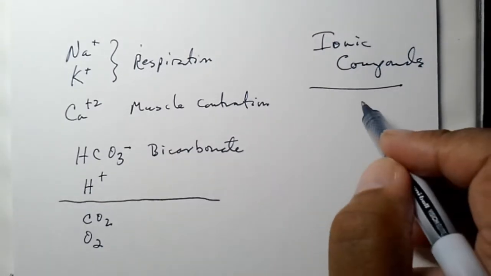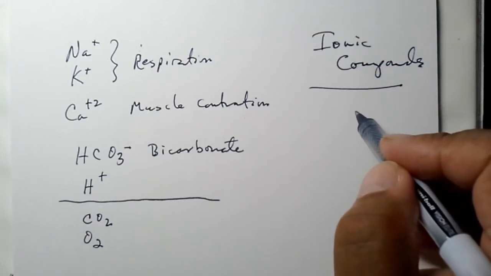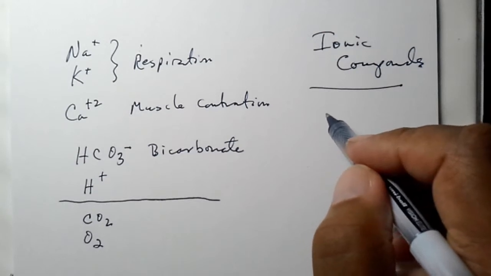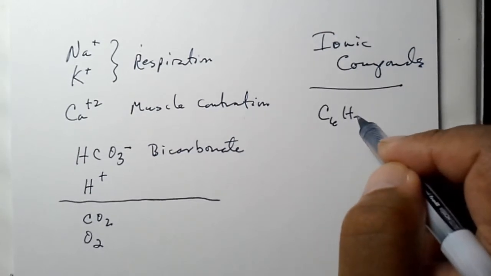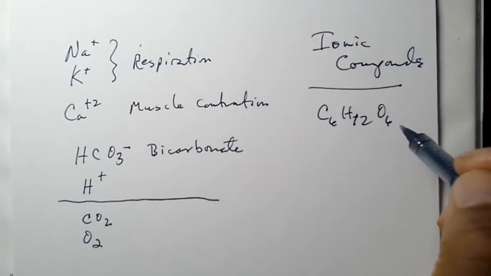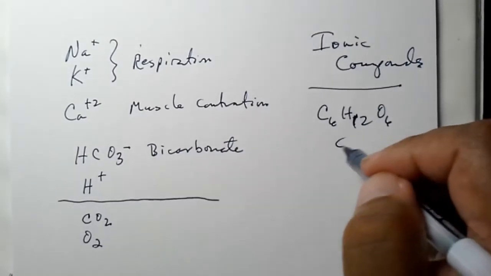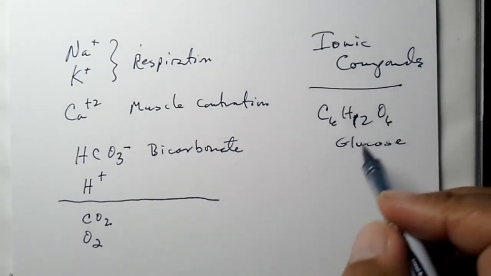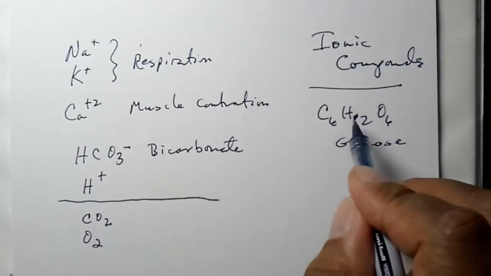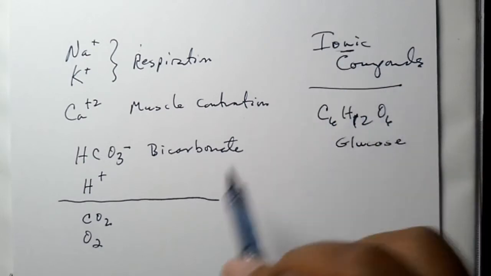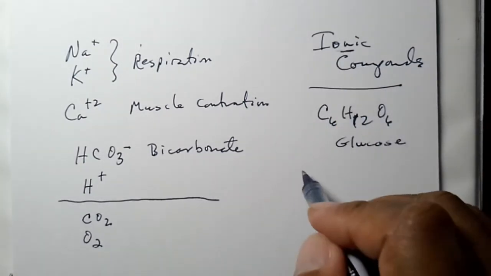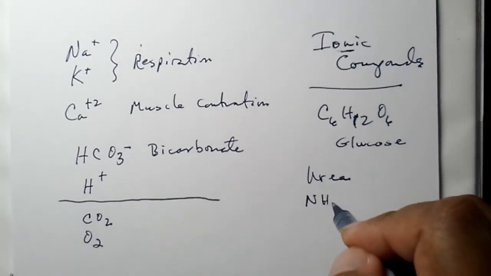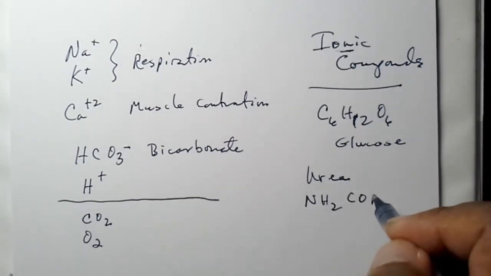If they don't produce ions, they can't act as electrolytes. For instance, C6H12O6, glucose, not an electrolyte. It will go in solution, but you don't produce ions when it goes in solution. Urea, you don't produce ions when it goes into solution.